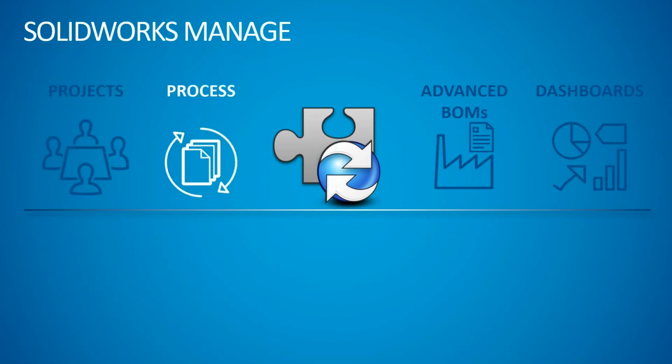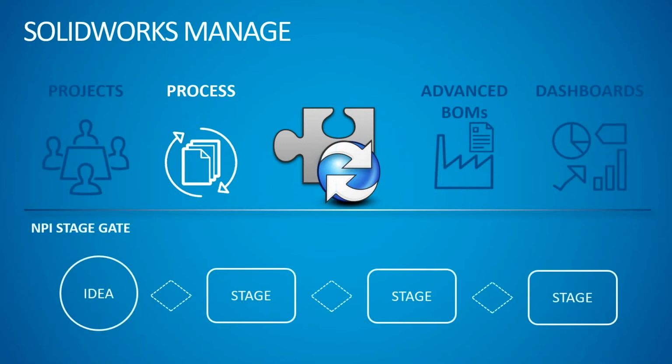Processes. So without a PLM system, processes are often defined in disconnected tools, if any, and a lot of processes in business don't even begin with a document. One example is a new product introduction process, or a stage gate.